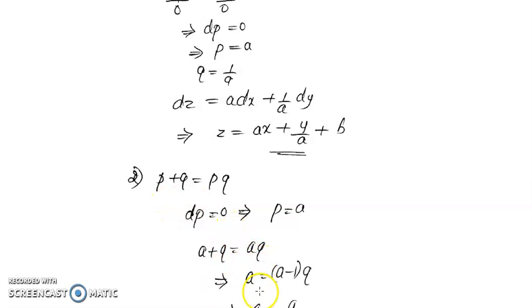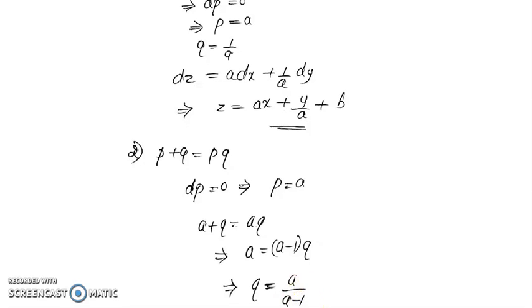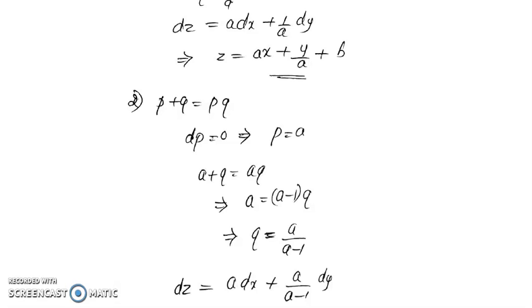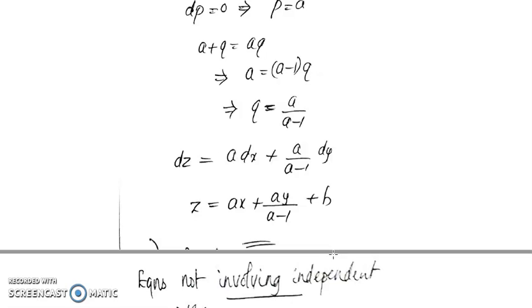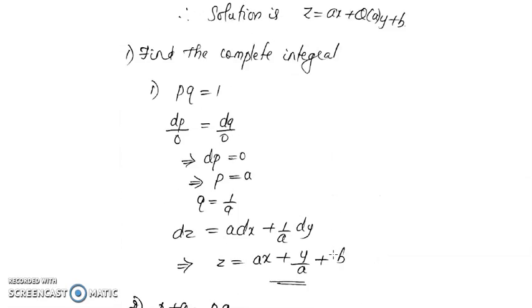From here q will be a by a minus 1. Substitute these values: dz is a dx plus a by a minus 1 dy. On integrating you'll get z equal to ax plus ay by a minus 1 plus b. So that is the first type of equation.